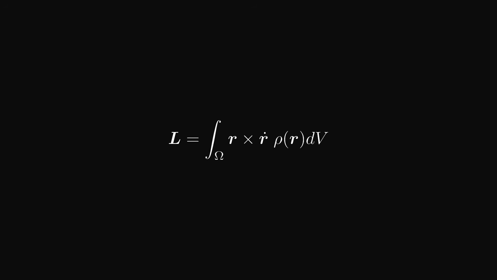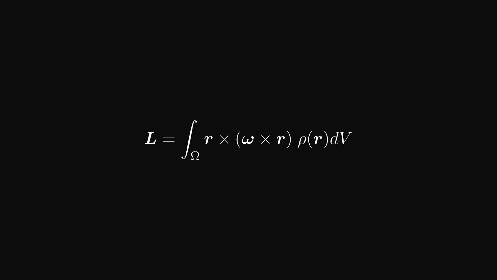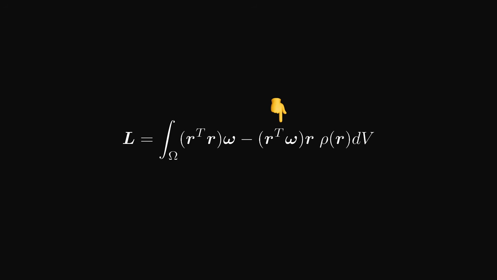Previously, we saw that the velocity of r is just the cross product between omega and r. Now, what we have here is the vector triple product, similar to the scalar triple product. The vector triple product can be rewritten to this expression. Substituting a, b, and c in our case, we get this. The dot product of r and omega is just a scalar, so this r can be moved to the other side.